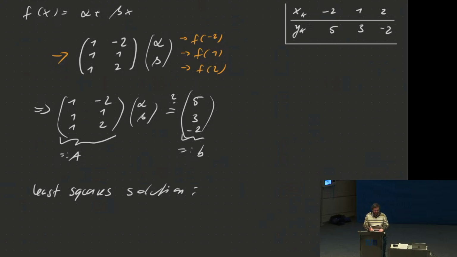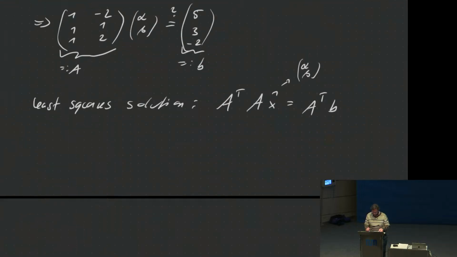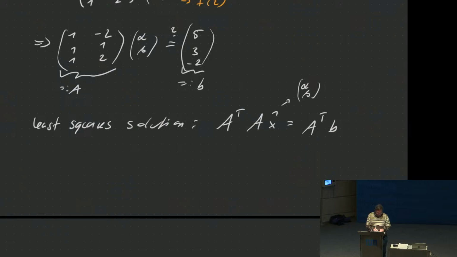It simply says solve the system that results from computing A transpose A times x hat equals A transpose B. And this x hat is going to be our alpha beta. That gives you the least squares solution. So all we need to do is compute A transpose A, compute A transpose B, and then solve a system of linear equations.